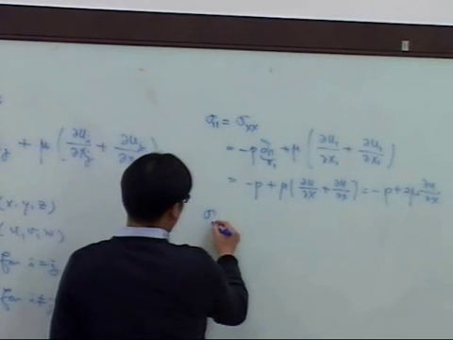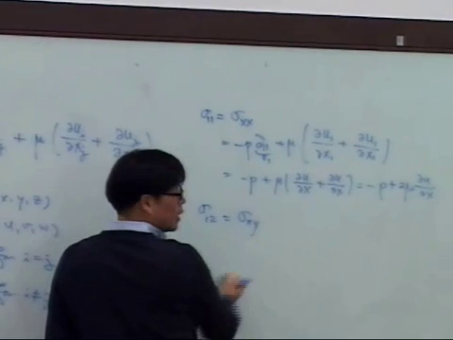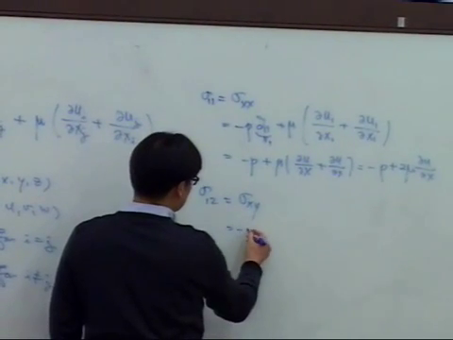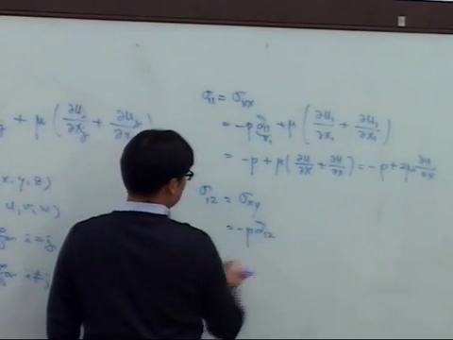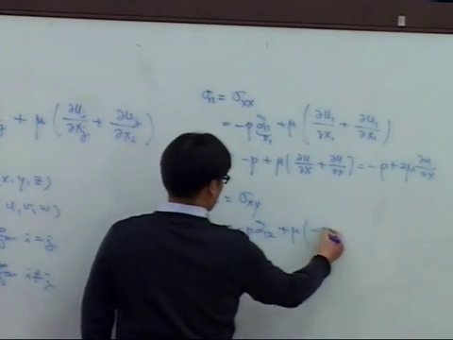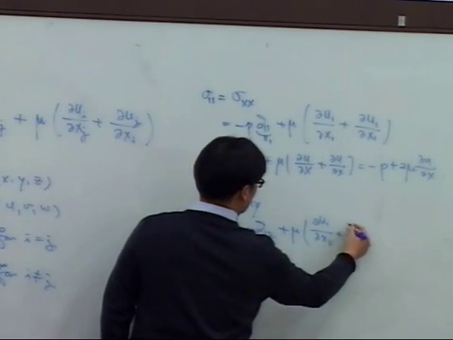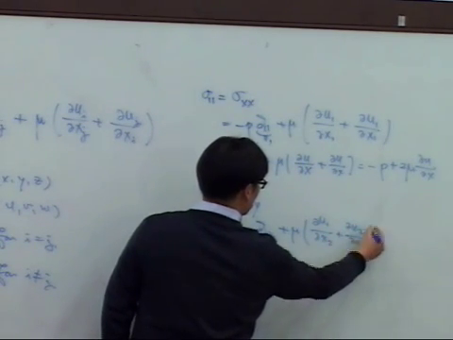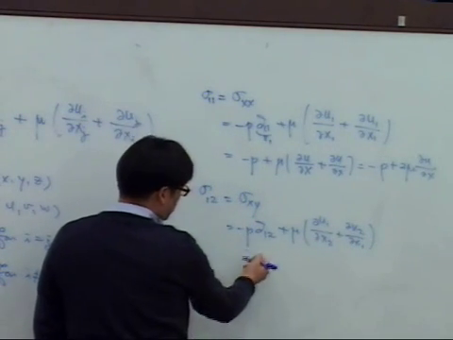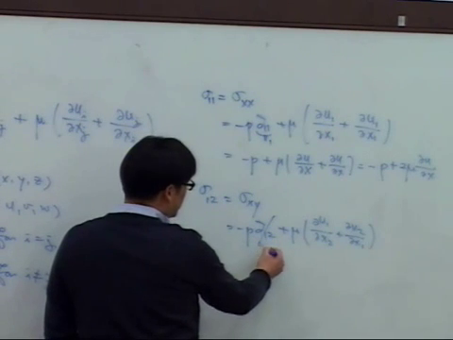And for example, sigma 1, 2 means sigma x, and 2 is y. And then I have minus p delta 1, 2, and then I have mu du1 dx2 plus du2 dx1. And since 1 and 2 are different, delta 1, 2 is equal to 0.